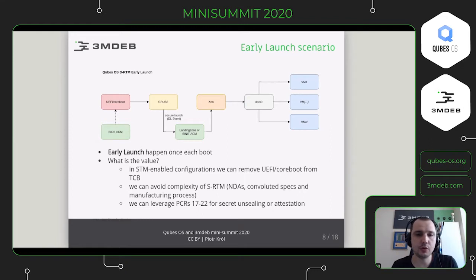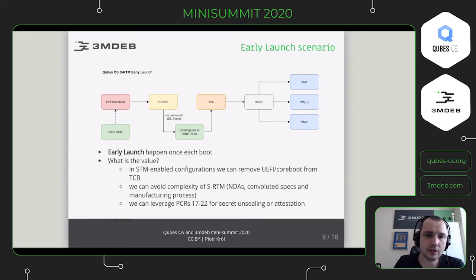Then the firmware proceeds to start the bootloader, for example GRUB, and GRUB already has some sample implementation of calling the dynamic launch event, or in TrenchBoot terminology, we will call that secure launch, just to unify the terminology. GRUB can call this event, of course doing the previously mentioned DCE preamble, preparing that environment so we can really do secure launch.